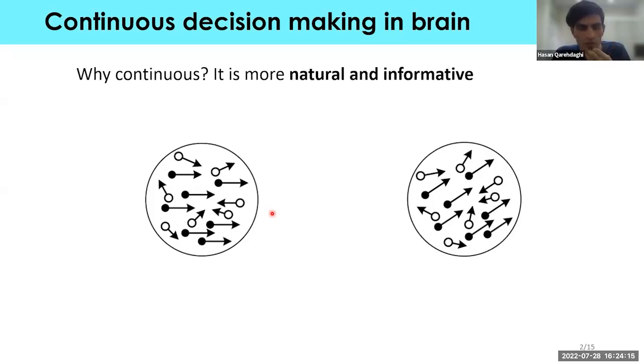objects or color of objects or other features of, for example, visually perceived things could be continuous type, or more than that, more than perception.